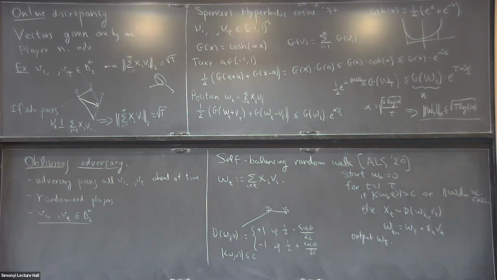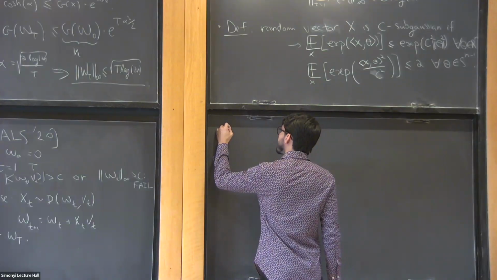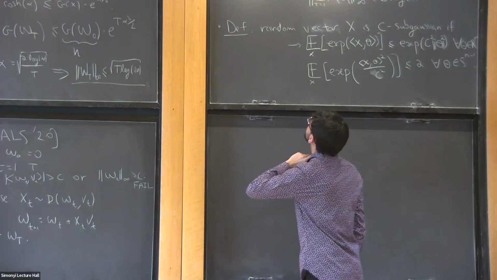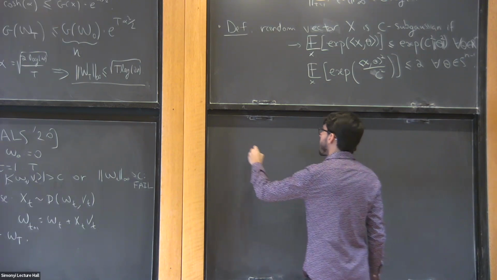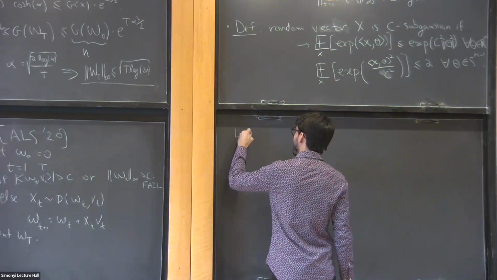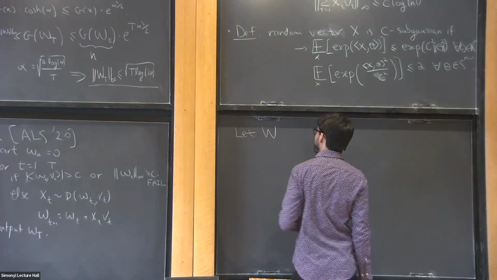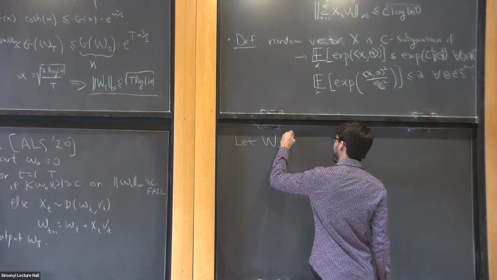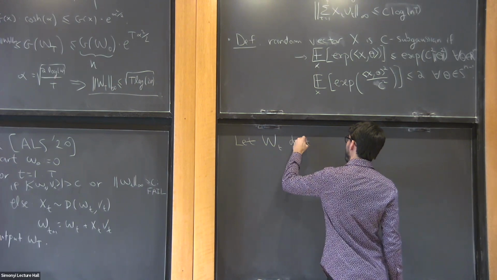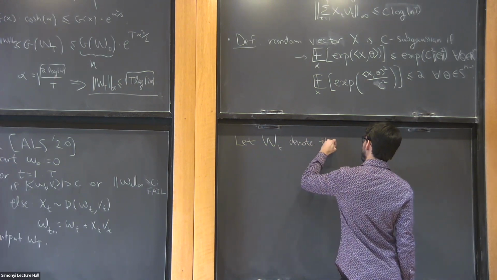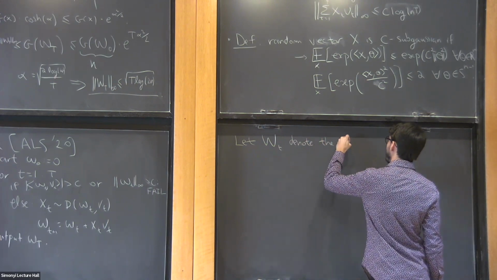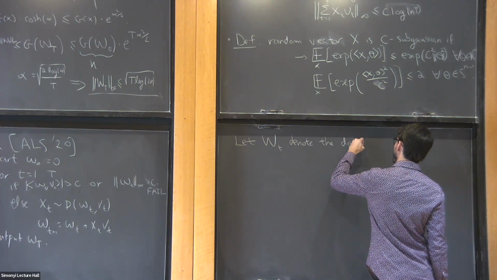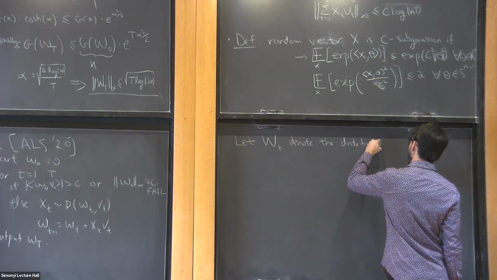So the claim is that, let's see, what is the current distribution? Let's denote by W_t the distribution of my current position.